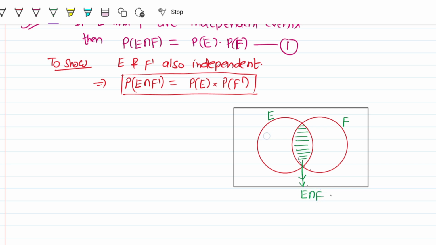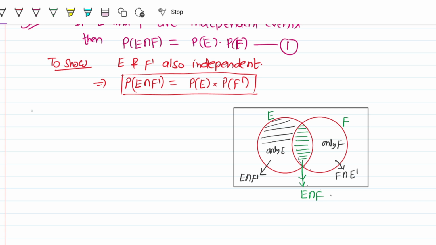If I shade this part with black, this one is only E, and this part is only F. But if I give the names in terms of E and F, only E will be E intersection F complement, and similarly only F will be F intersection E complement. You can see this because F complement means whatever the region is outside of F. If I take the intersection of F complement with E, then I will get only E. I hope it's clear.